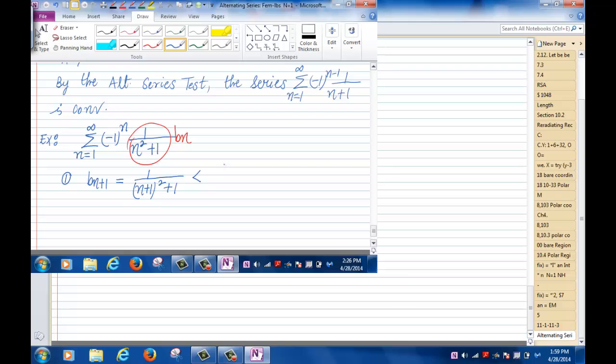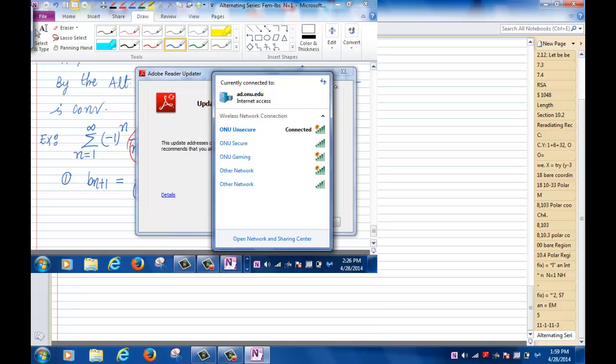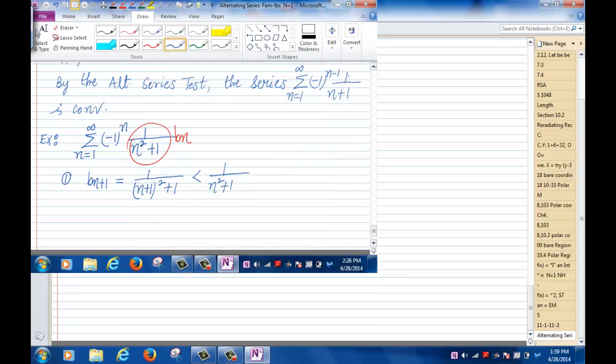Which is less than 1 over n squared plus 1 because the denominator on the left is bigger. And this is equal to Bn, right? So this is for all n larger or equal to 1. As long as this inequality holds for all n after some point, that's fine. So it doesn't have to be for all n larger than 1, it could be for all n larger than 3. Okay?